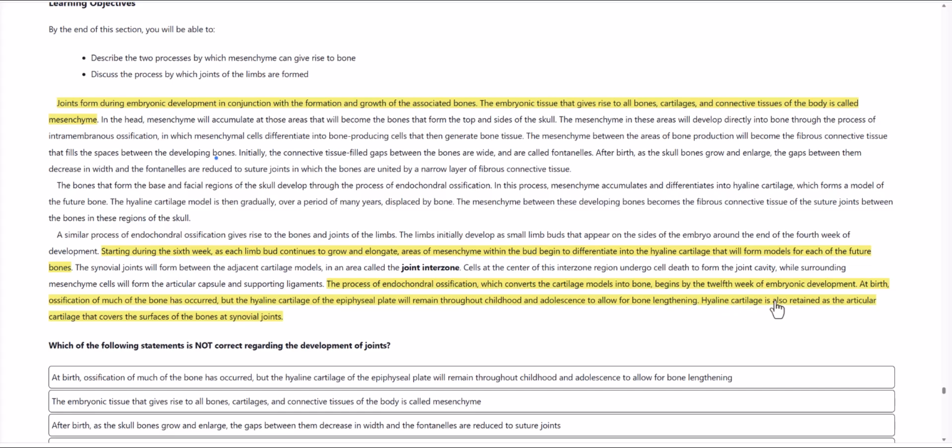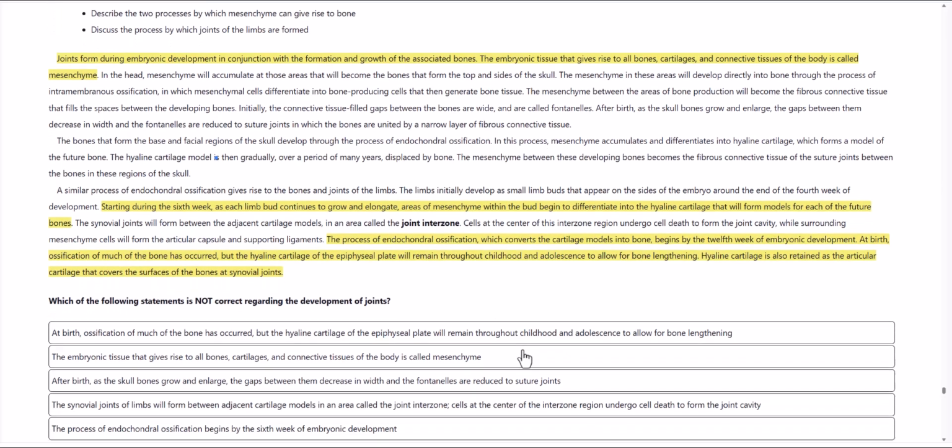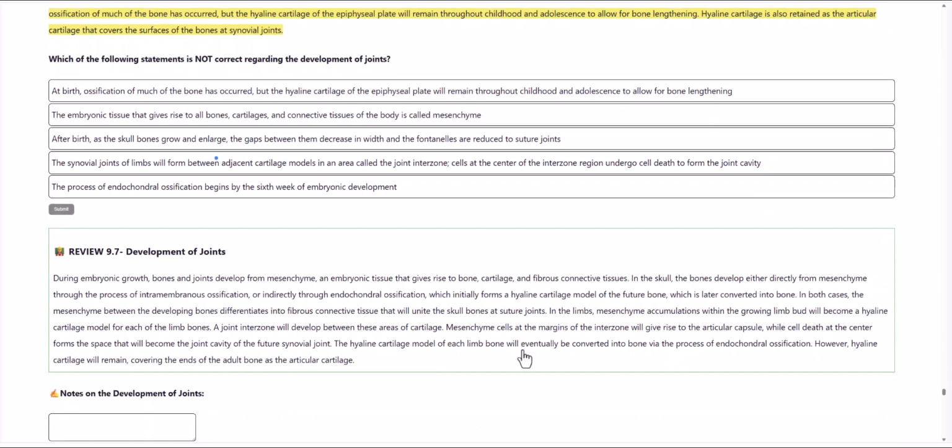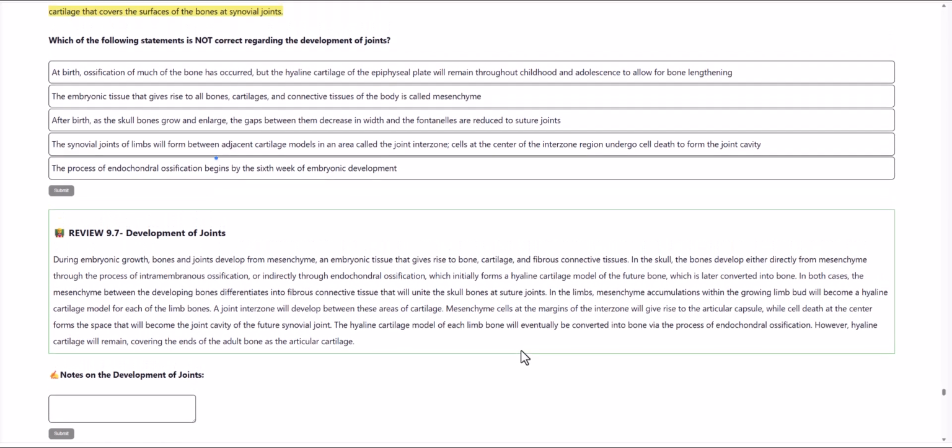But in healthy bones, the hyaline cartilage at the articular surfaces is maintained as part of that synovial joint. So that's just a couple paragraphs on where and how joints develop, and it connects to things you already appreciate.